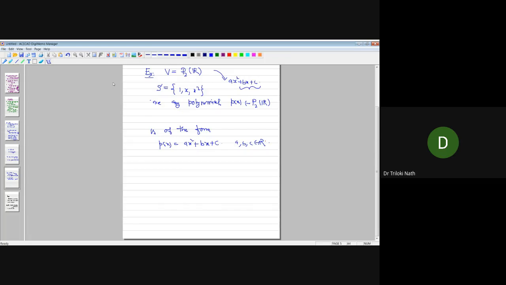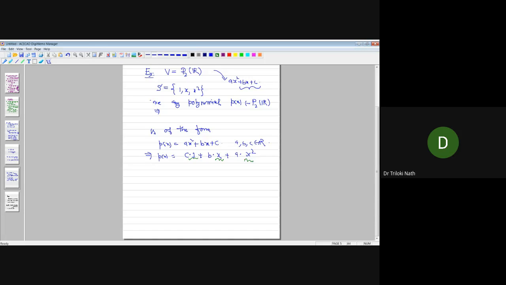And of course, this p(x) can be written like this: c into 1 plus b into x plus a into x square. That is, this 1, and this x and this x square.